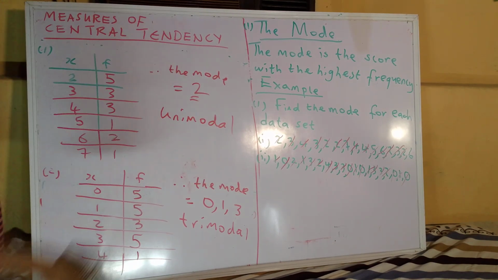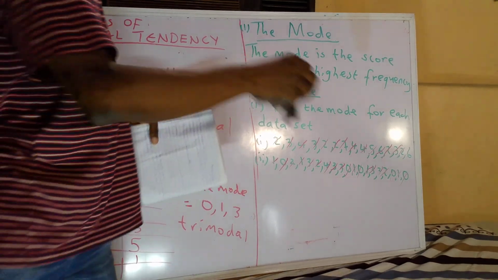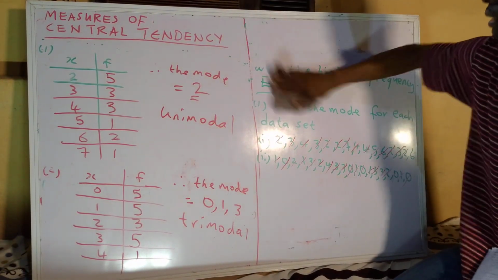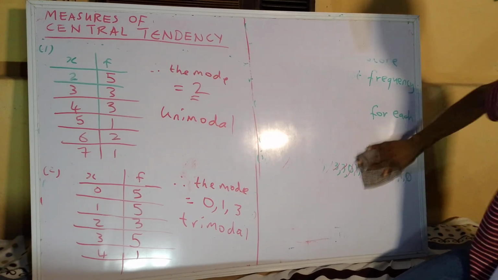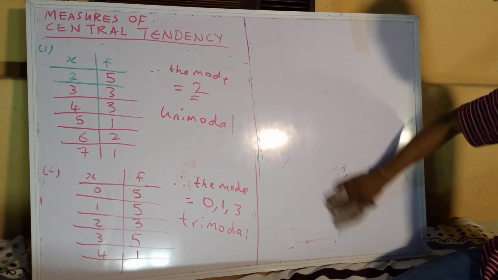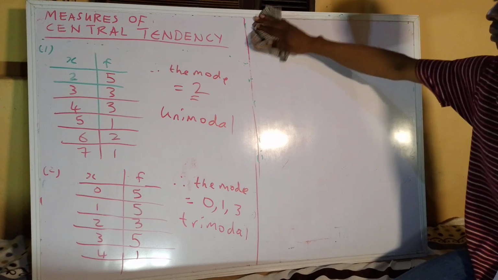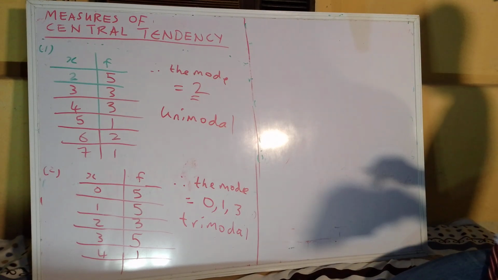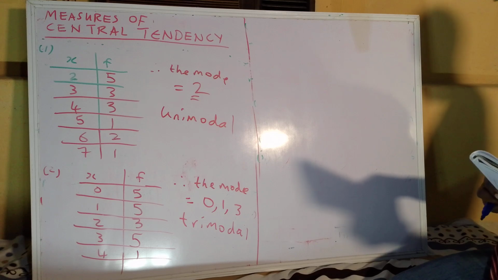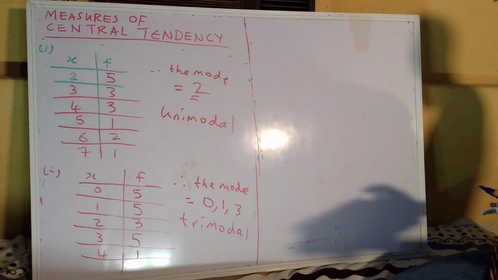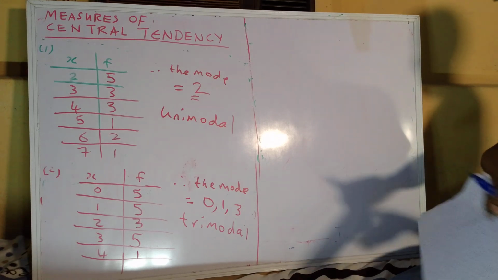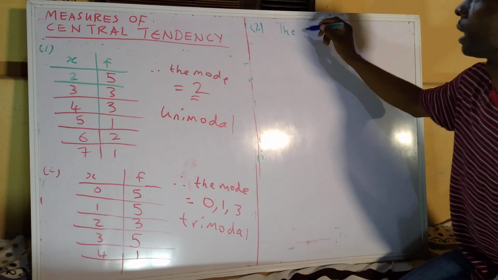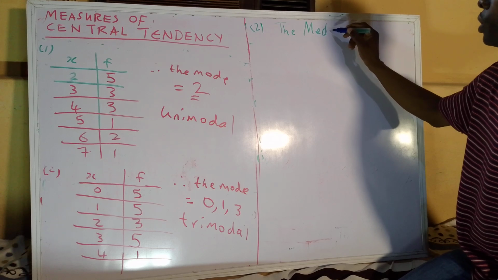So for the median, you come over to this side. Okay, the median, this is the second measure of central tendency.